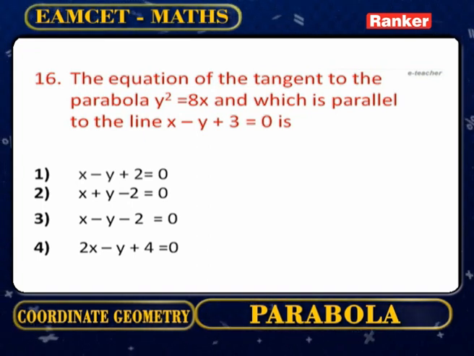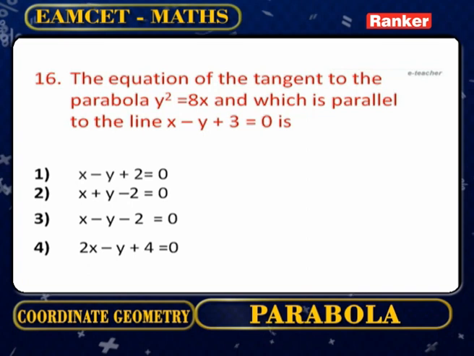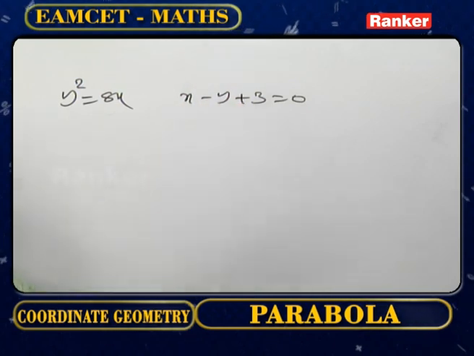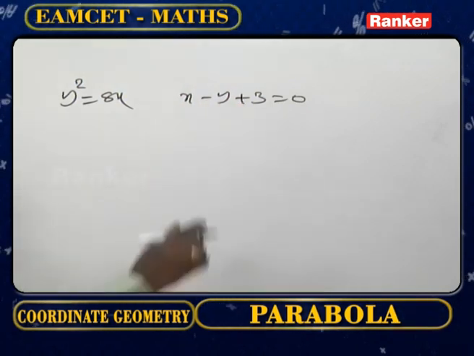The equation of the tangent to the parabola y square equals 8x which is parallel to the line x minus y plus 3 equals 0. Now, the required tangent to the given parabola is parallel to the line x minus y plus 3 equals 0.